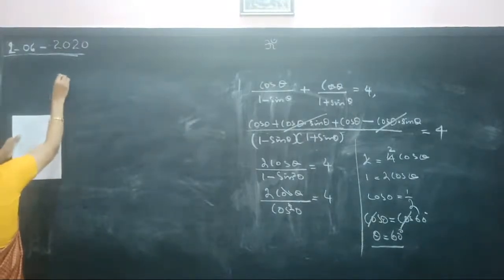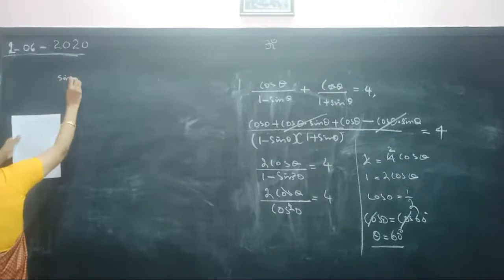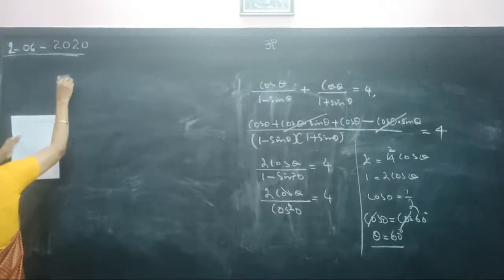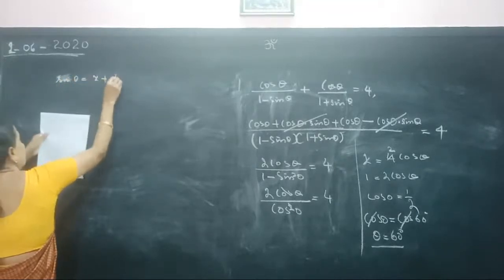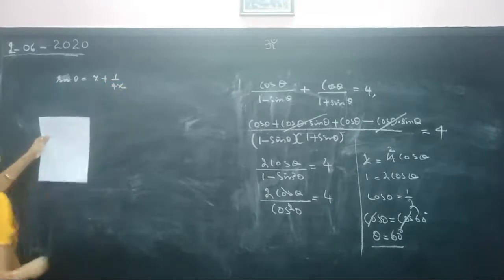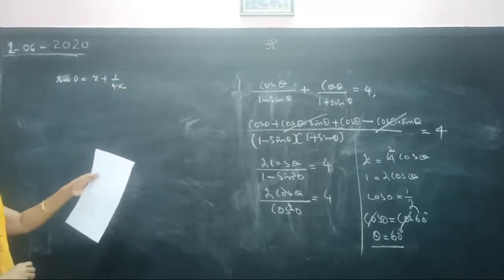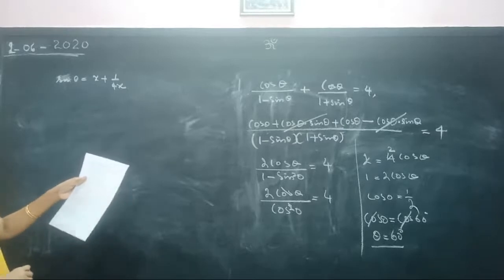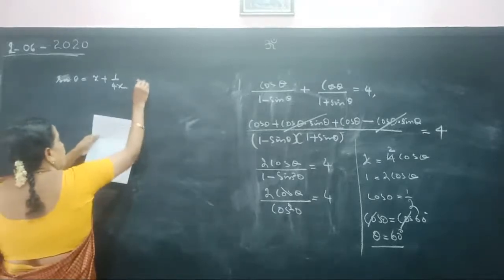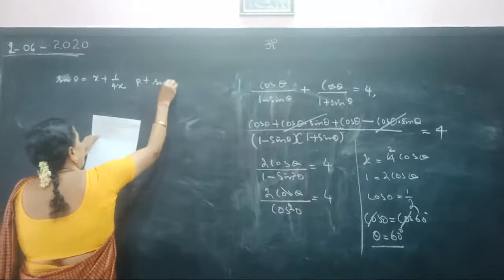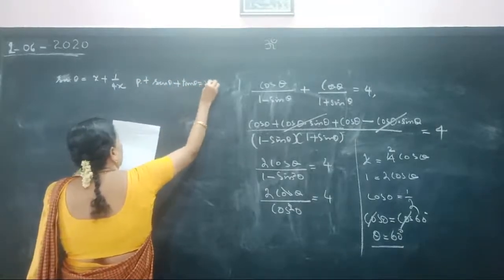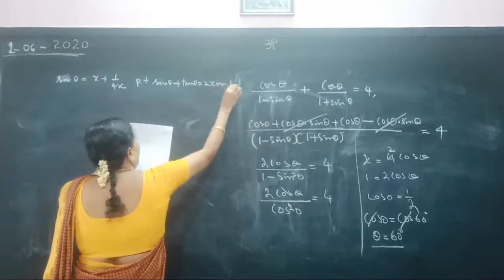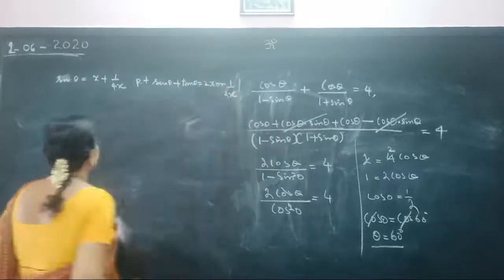If secant theta equals x plus 1 by 4x, prove that secant theta plus tan theta equals 2x or 1 upon 2x.